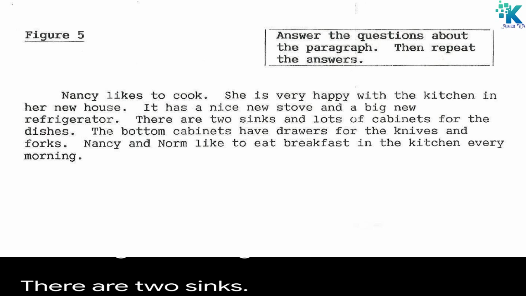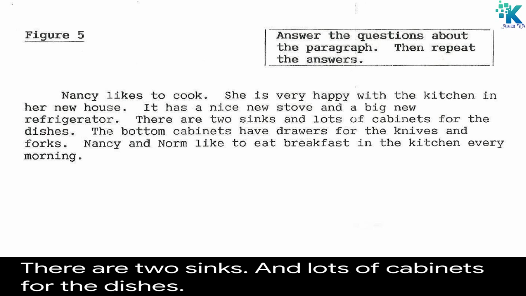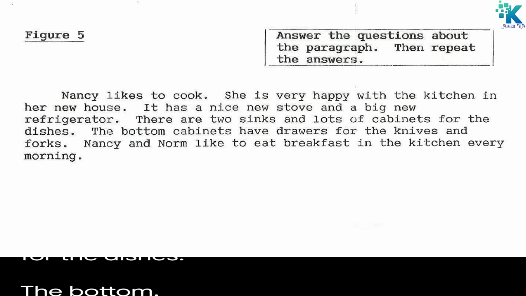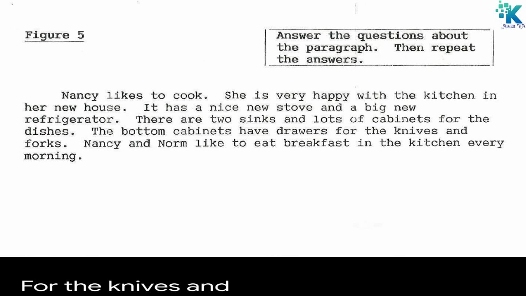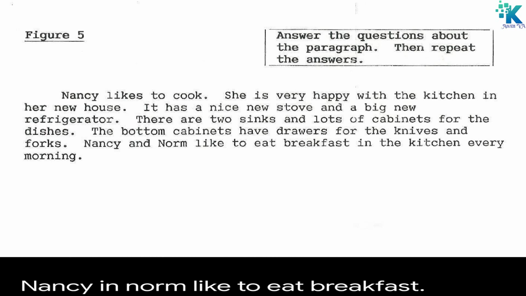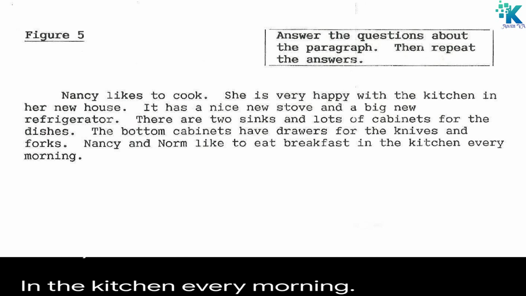There are 2 sinks and lots of cabinets for the dishes. The bottom cabinets have drawers for the knives and forks. Nancy and Norm like to eat breakfast in the kitchen every morning.